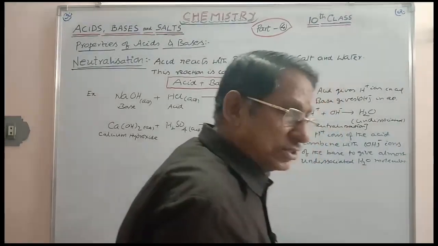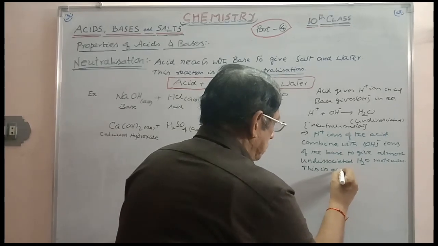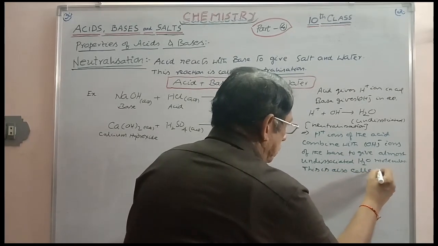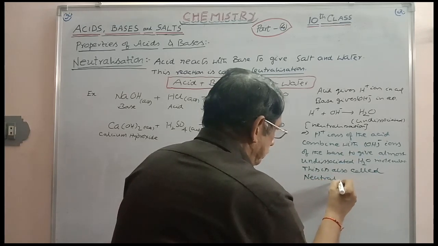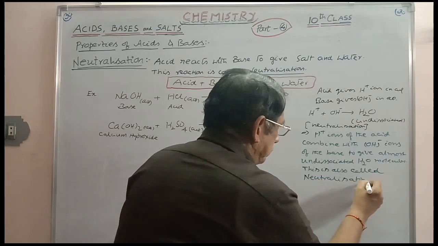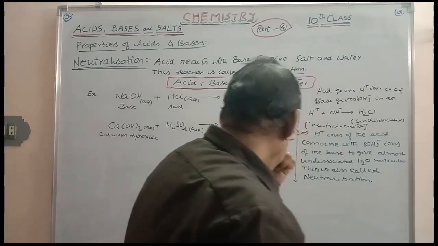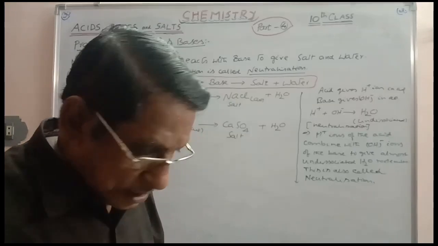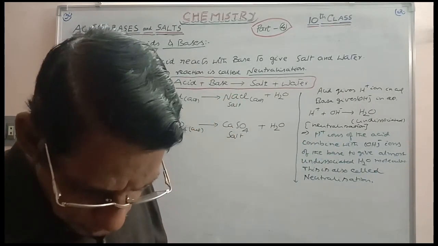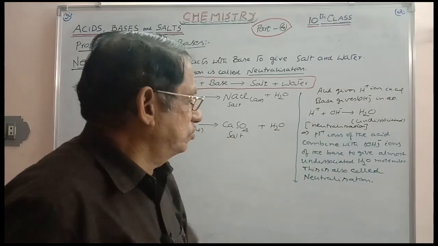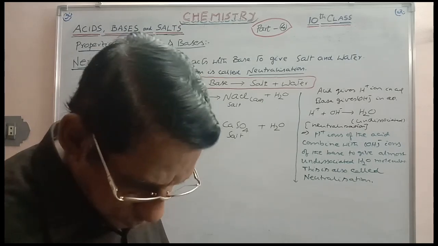Actually, this is the definition of neutralization. This is the modified way. Either way is fine. Practically speaking, H plus ions of the acid should combine with OH minus of the base to give undissociated water molecules. Either one is correct.